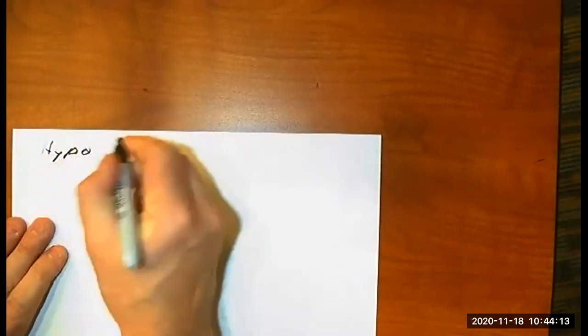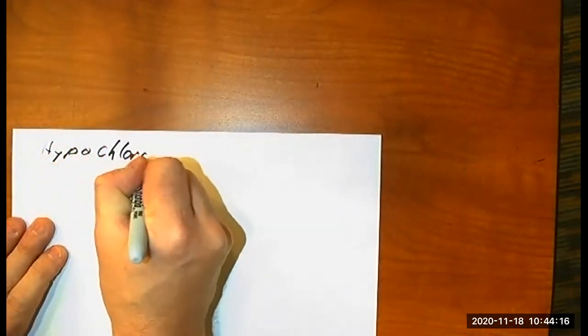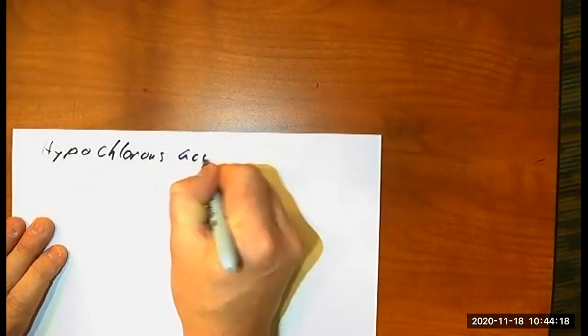Okay, let's do hypochlorous acid, which has the chemical formula HClO.